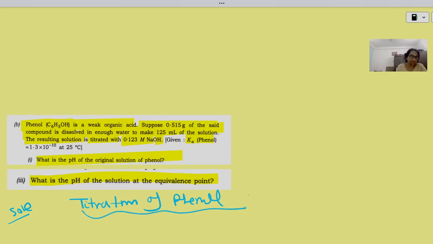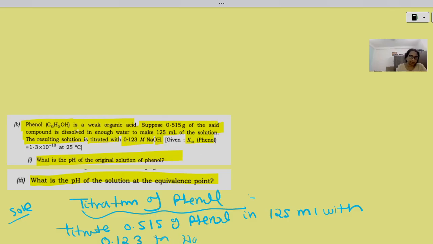So, titration of phenol. In this question, titration of phenol is going on, and according to the question, 0.515 gram of phenol in 125 ml is titrated with 0.123 M sodium hydroxide.